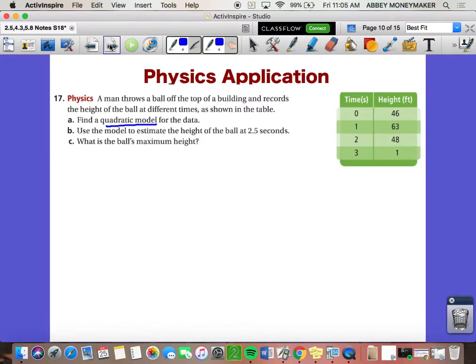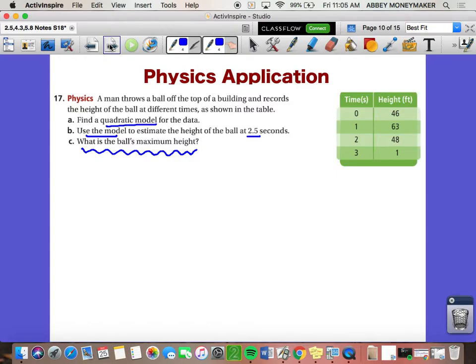Part B says use the model, so use the equation that you got to estimate the height of the ball at 2.5 seconds. What do you do with 2.5? Plug it in. Okay, what is the ball's maximum height? It's the vertex. Are you going to say that the vertex is at 163?